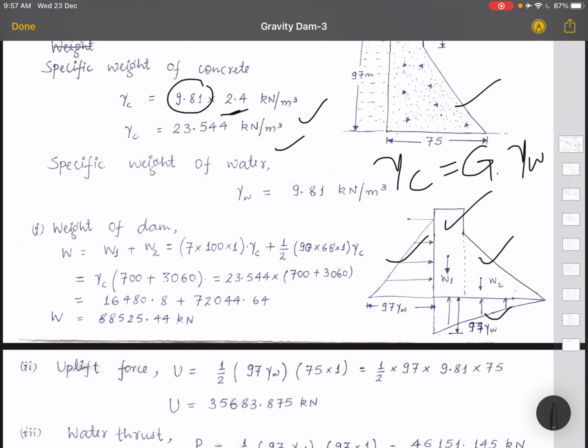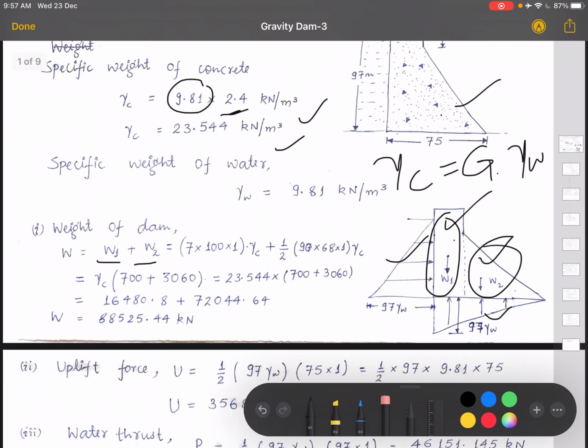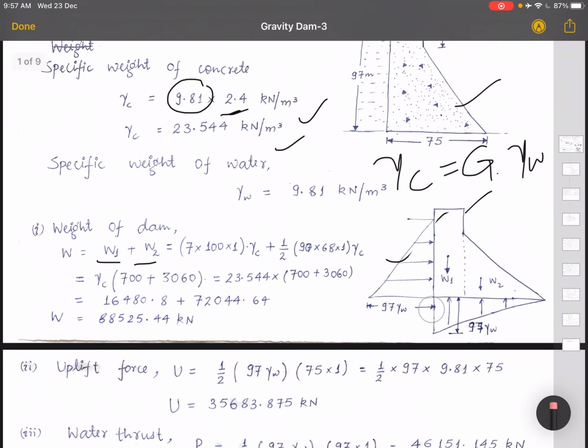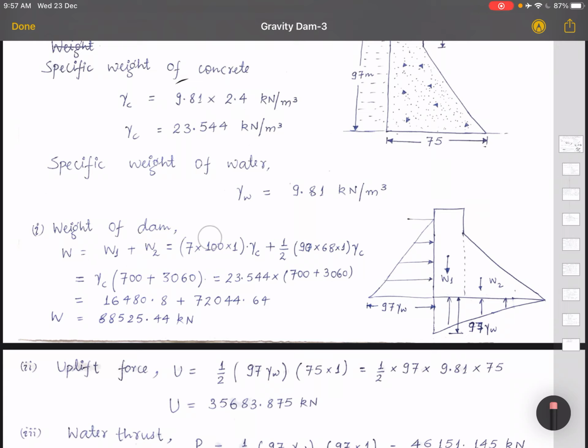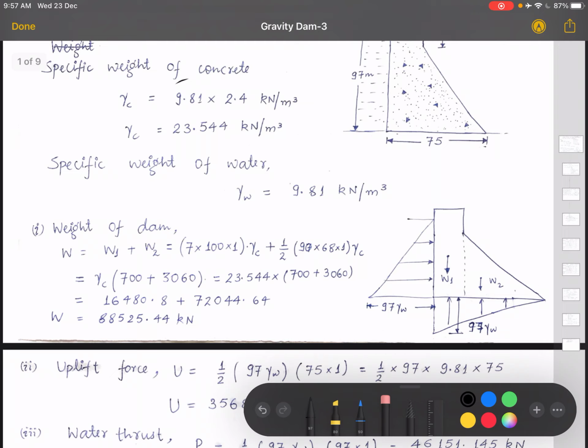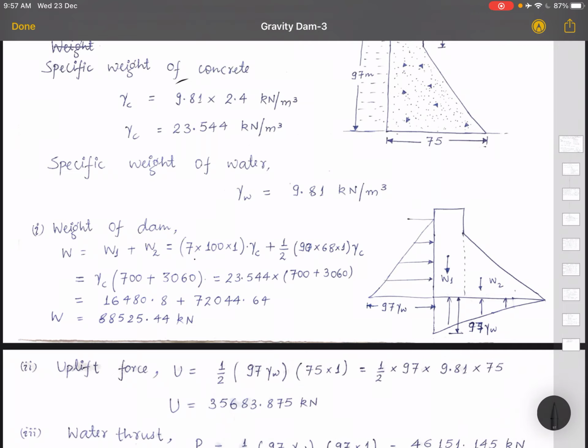So the weight of the dam will be W1 plus W2, the weight of this rectangle and the weight of this triangle. You can see here this is W1 and this is W2. W1 is 7 into 100, because this is 7 and this height is 100.